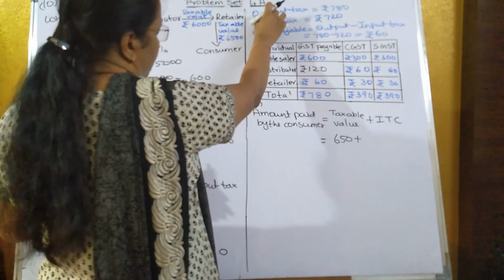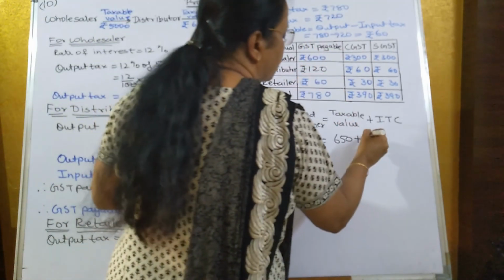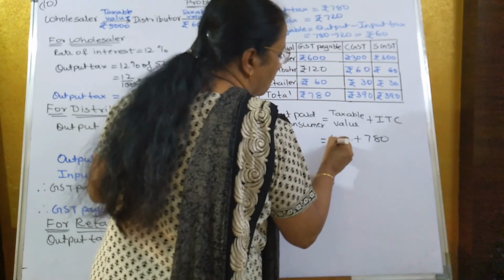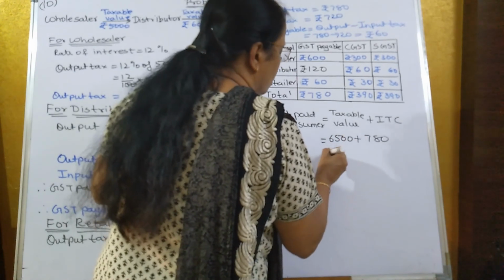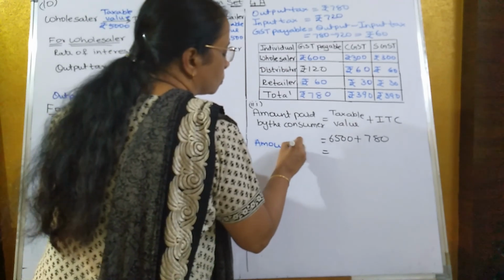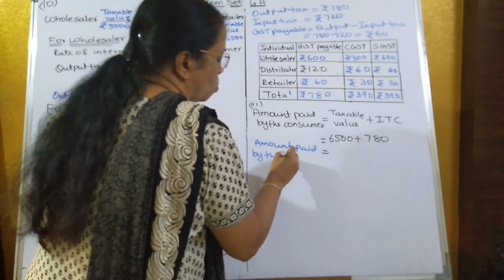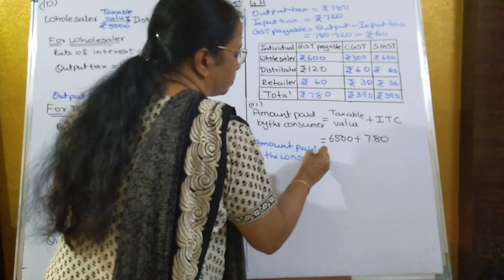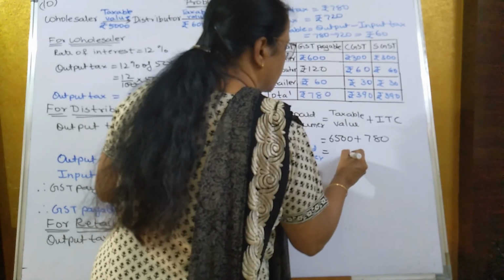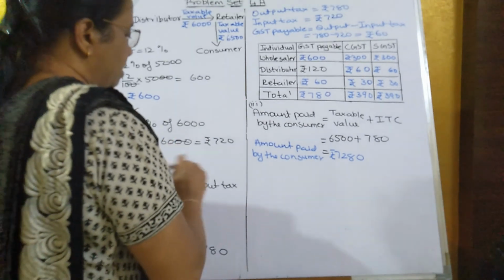So the output tax of the retailer will be the input tax of the consumer. So it will be 780. So the amount paid by the consumer is equal to 7,280.